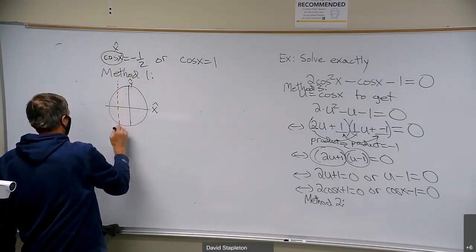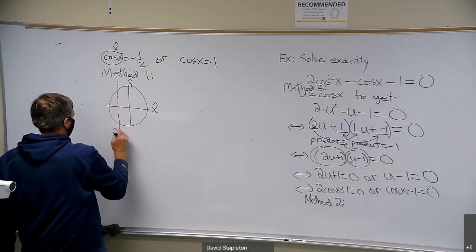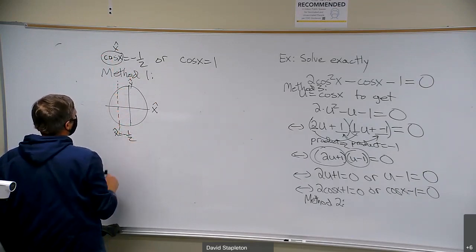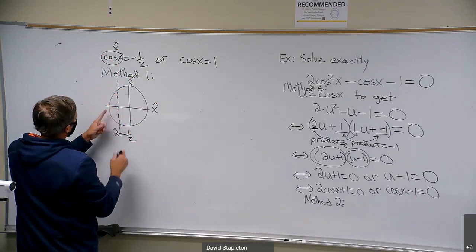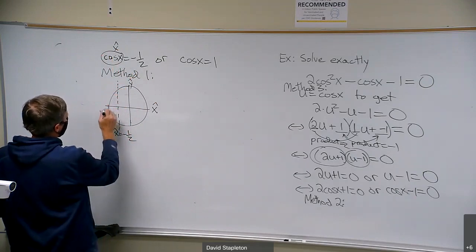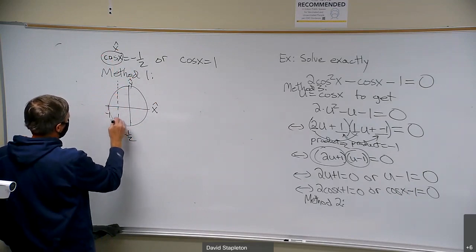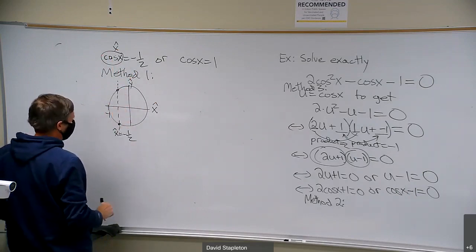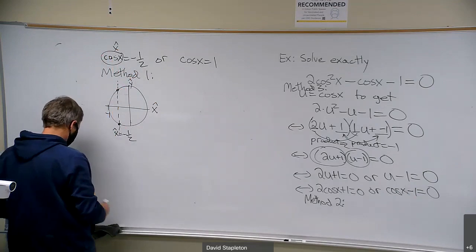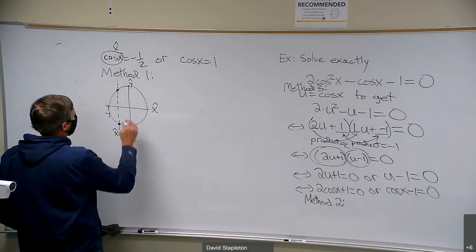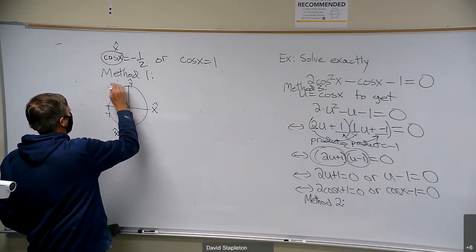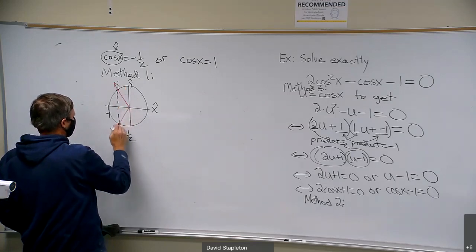This is the line of all points x hat equals minus 1/2, right? It's the vertical line halfway over to minus 1 here. And I observe there's exactly 2 points on the unit circle where that happens. Hence, 2 terminal rays, that's all that's possible. There's this one. There's this one.